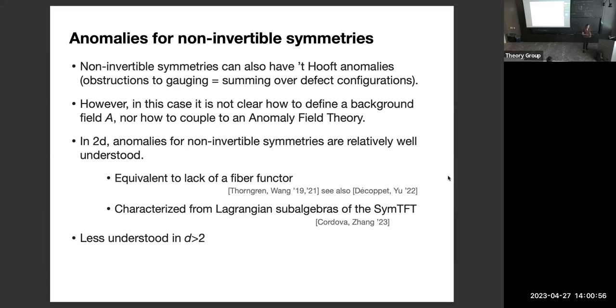However, in this case, there are some immediate questions. Firstly, it is not clear how to define a background gauge field for the non-invertible symmetry, or at least I don't understand how to do so. If you do, I'd love to talk about it.